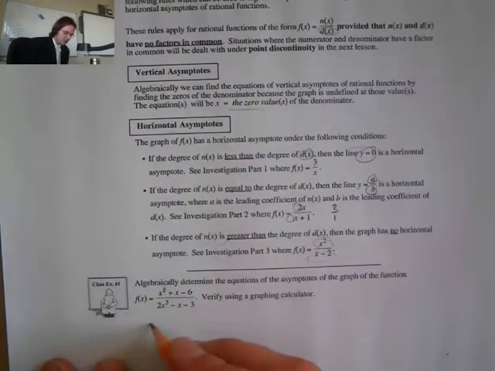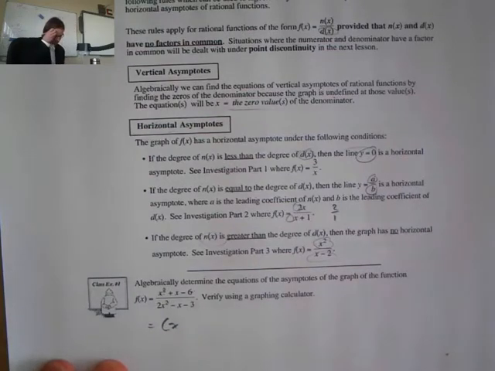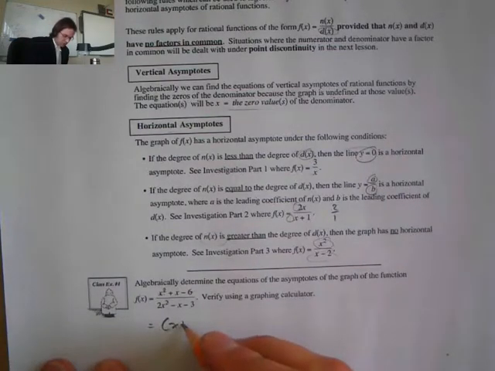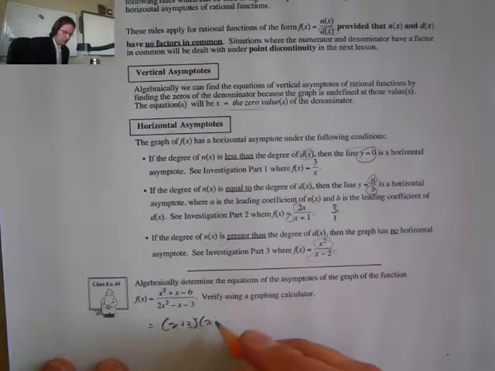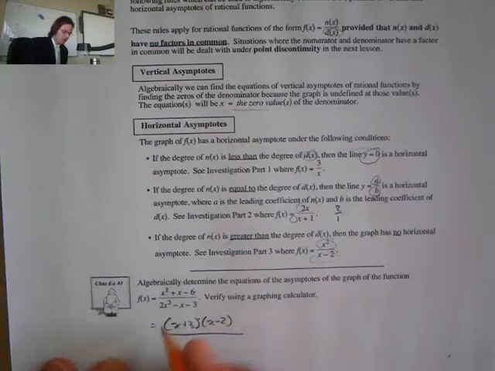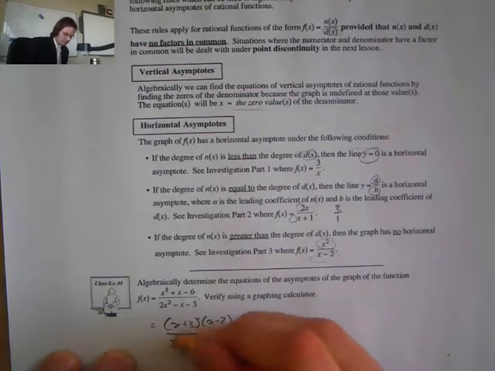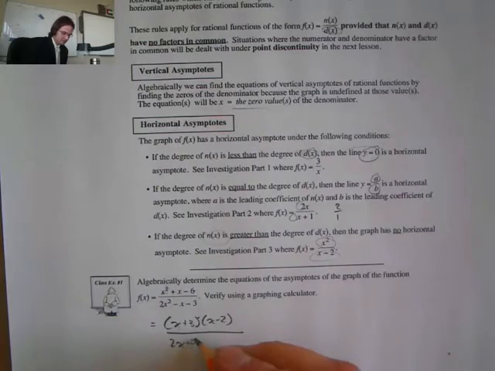This here can be factored to x plus 3, x minus 2, all over, now we're going to end up getting 2x if I factor it, plus 3, minus 3, and we're going to have x plus 1.